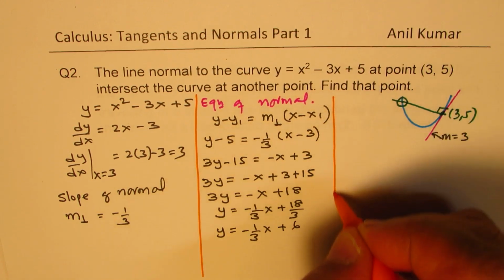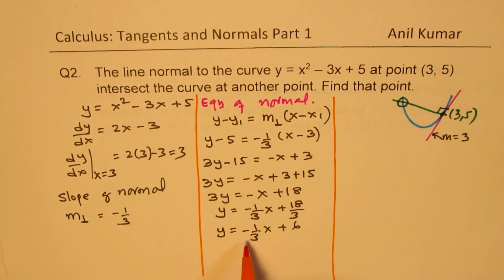So the equation is y equals minus 1 over 3x plus 6. This is the equation of the normal, right?